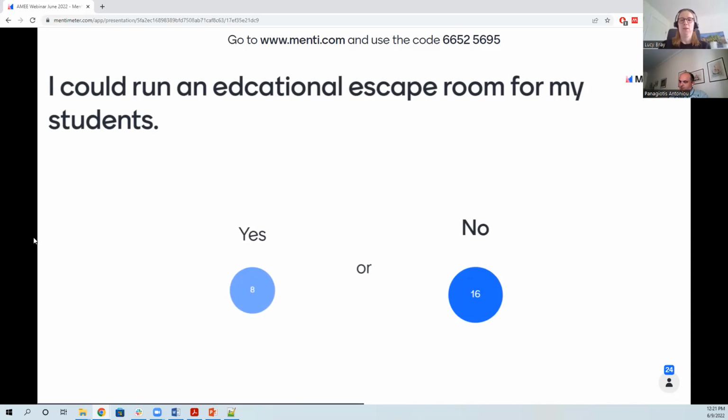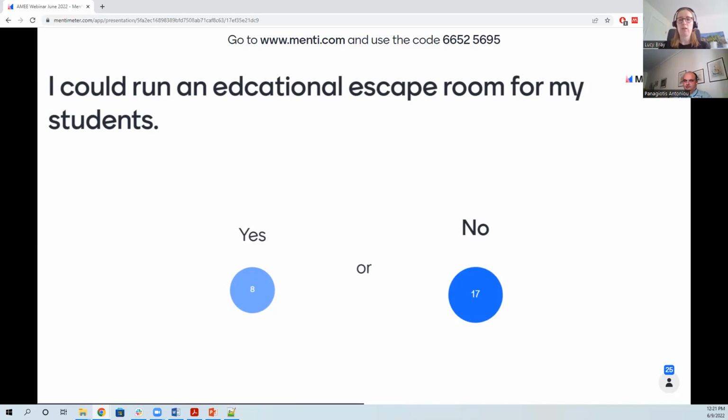Okay. So it's about divided half and half of who kind of understands what an educational escape room is, but in terms of running it, there's a little bit more uncertainty, and hopefully we'll be able to address both of these aspects in the following slides.